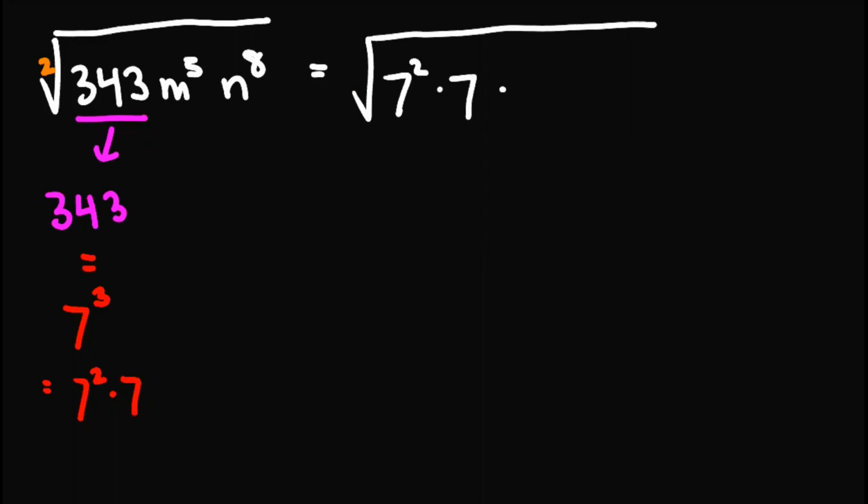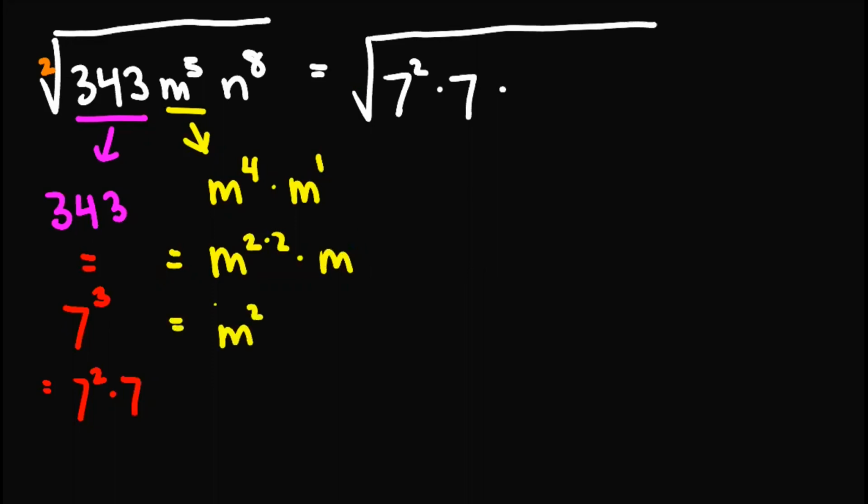Then for m raised to 5, note that we can write this one as m raised to 4 times m raised to 1, or simply m raised to 2 times 2 times m. We can remove the 1 out here, or m squared squared times m. So we'll have here m squared times m.